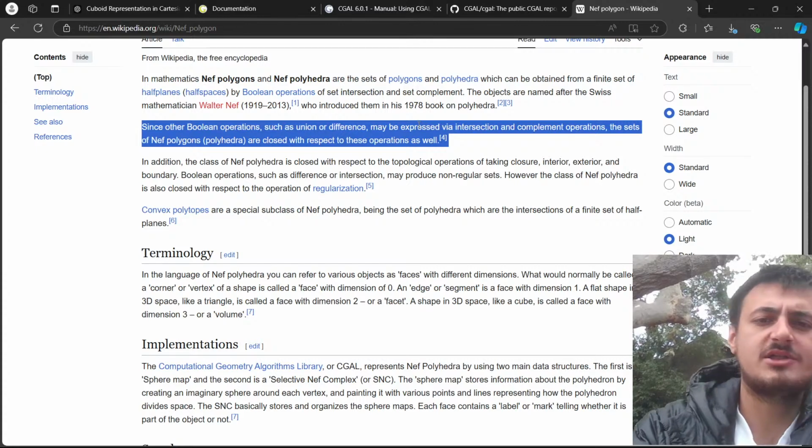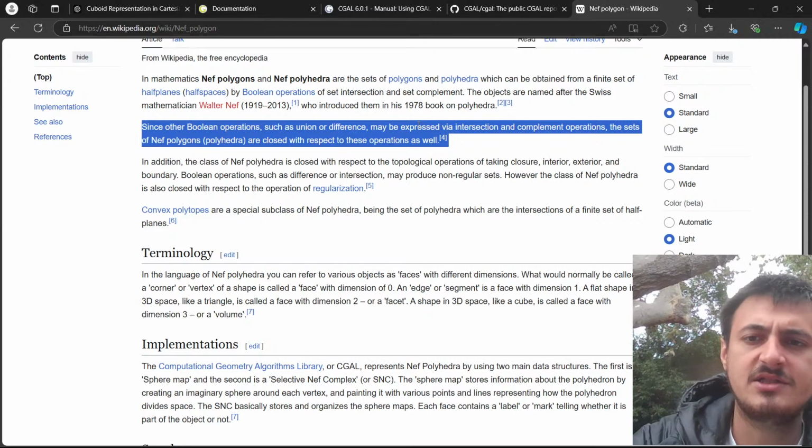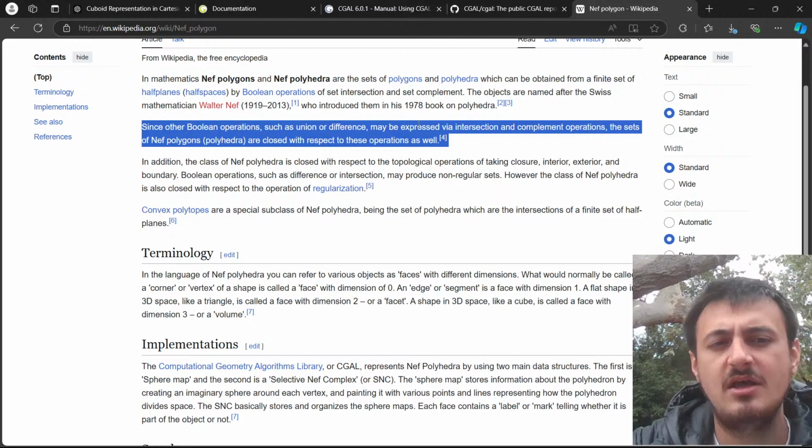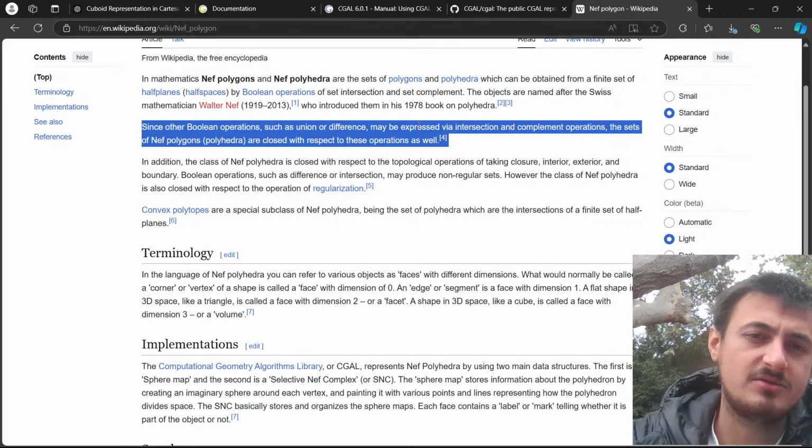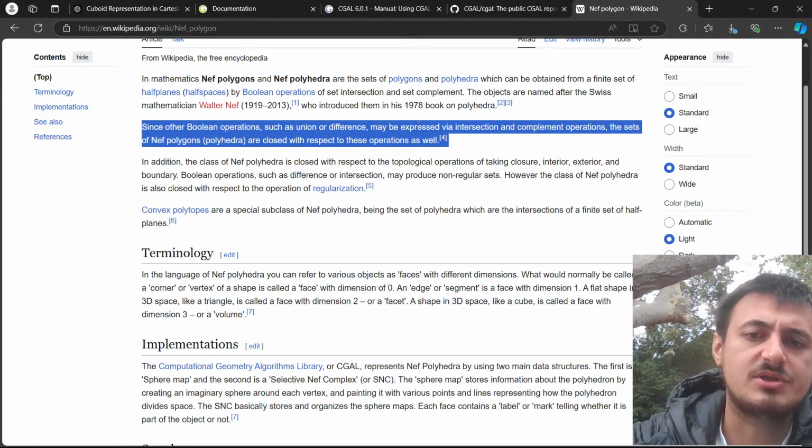Since other Boolean operations such as union or difference may be expressed via intersection or complement operations, the sets of Nef polygons or polyhedra are closed with respect to those operations.